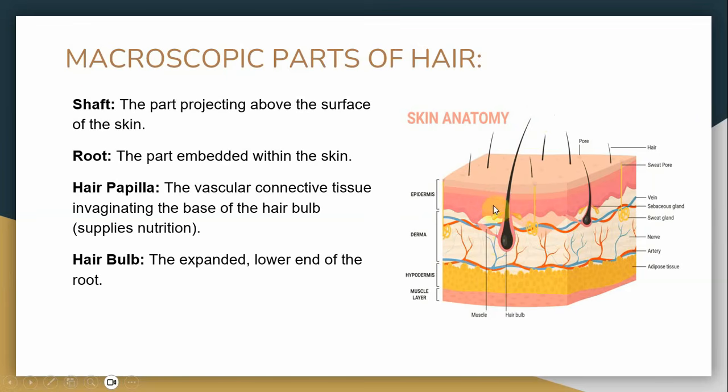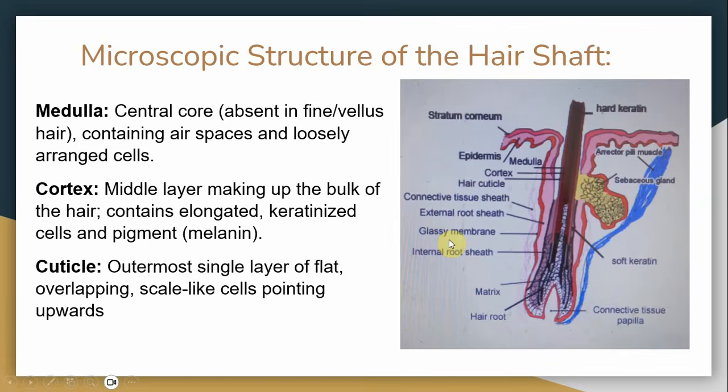The part deep down in the skin is known as the root. As you can see, the dermis has the vascular supply, so the blood vessels present in the dermis give nutrition via the hair papilla to the growing hair, so they grow.